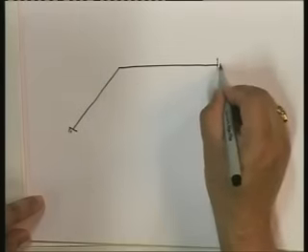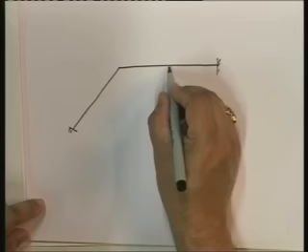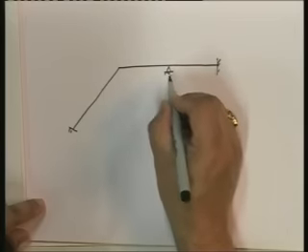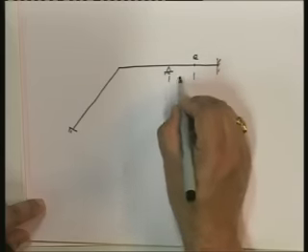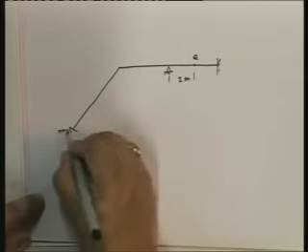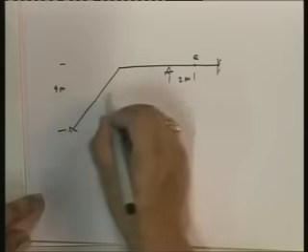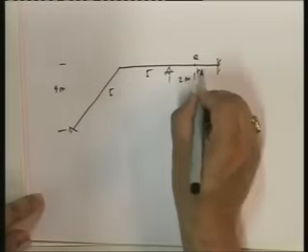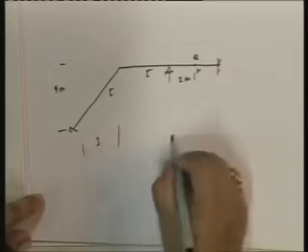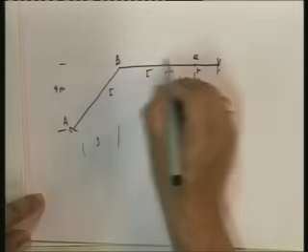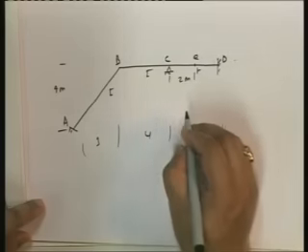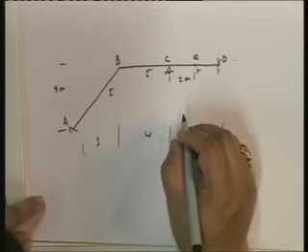In this problem, this is my point E now, which is 2 meters. Identical, it's the same problem in fact. 4 m, I, this is 3, this is 4, this is 4, A, B, C, D. Okay?